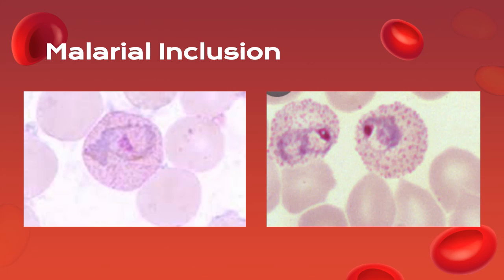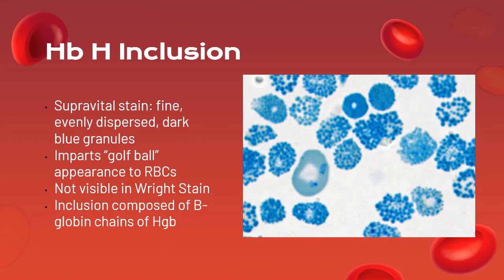Okay, and then malarial inclusion. So will depend na lang kung anong type of malaria ang meron kay RBC. Hemoglobin H. Okay, so we can view hemoglobin H using supravital stain then. Okay, so they are fine, evenly dispersed, dark blue granules, imparts the golf ball appearance to RBCs, so not visible in right staining.